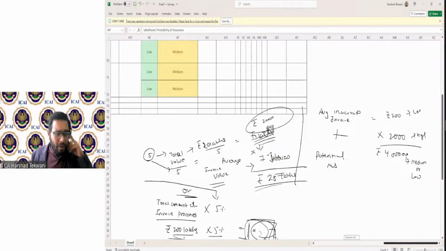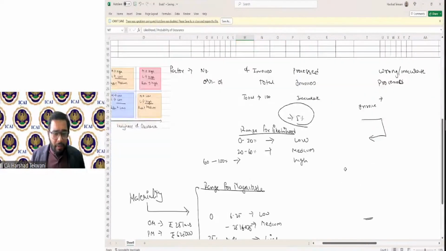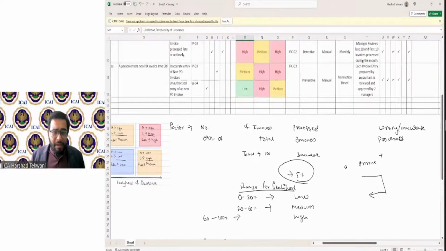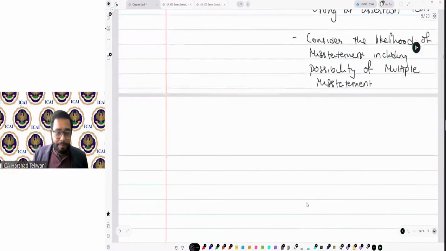Like, 5 invoices could be inaccurately processed, multiple misstatement, and the likelihood: what is the chance of occurring? We understood this in the last section. We have already done that.